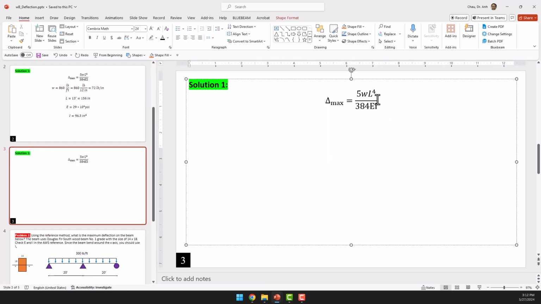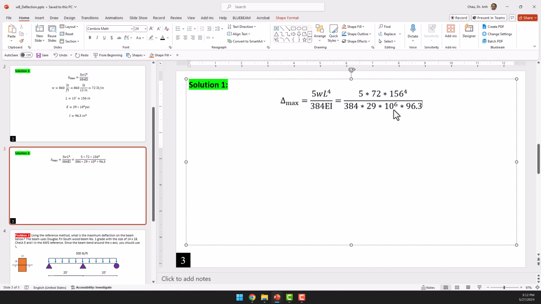W is 72 multiplied by L. L is 156 to the power of 4, divided by 384 multiplied by E. E is 29 multiplied by 10 to the power of 6, multiplied by I. I is 96.3.